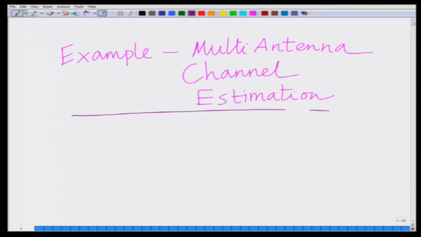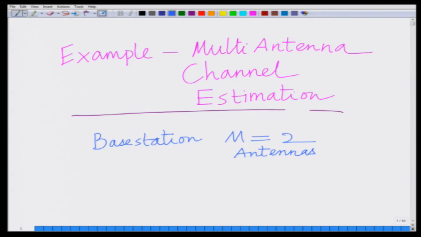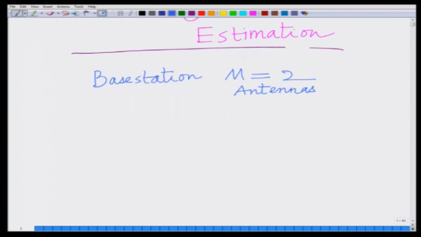So we want to consider a base station. Remember, we are considering a downlink scenario in which the base station is transmitting to the mobile. So the base station has m equal to 2 antennas, which means there are going to be 2 coefficients or unknown parameters, and the mobile has a single antenna.